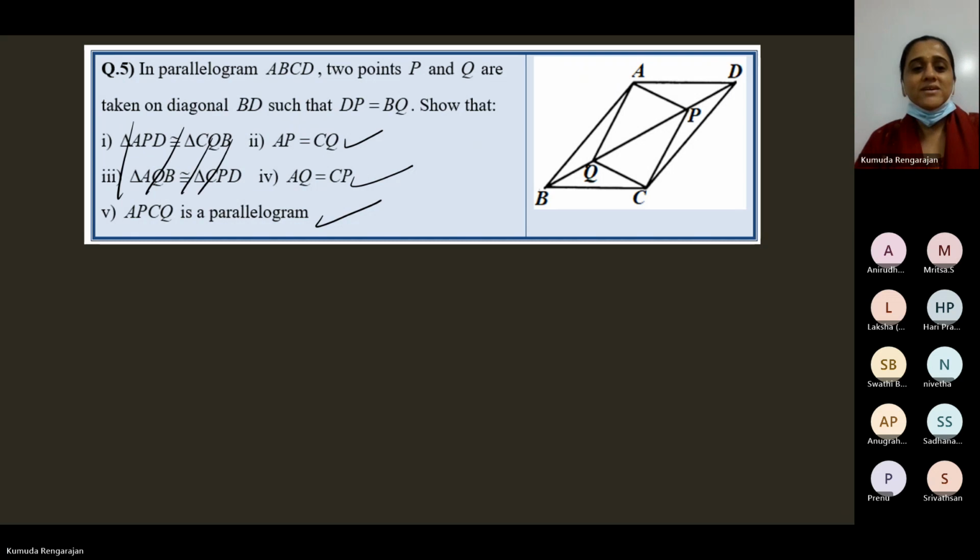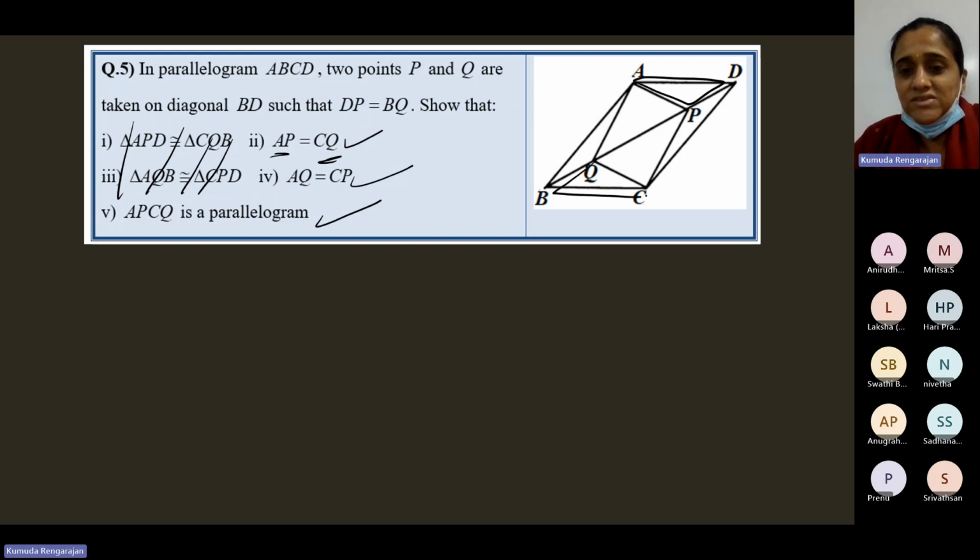To show that AP is equal to CQ, you'll have to take up this triangle which has AP, this triangle which has CQ, and find the equalities. Similarly, if these are not given, prove that AQ is equal to CP.